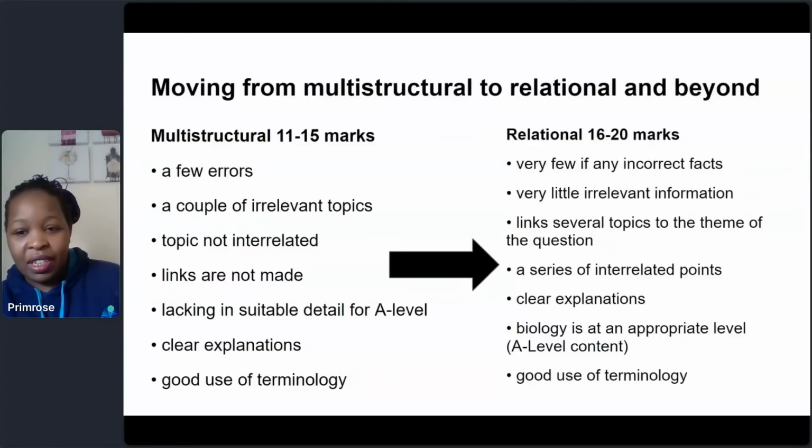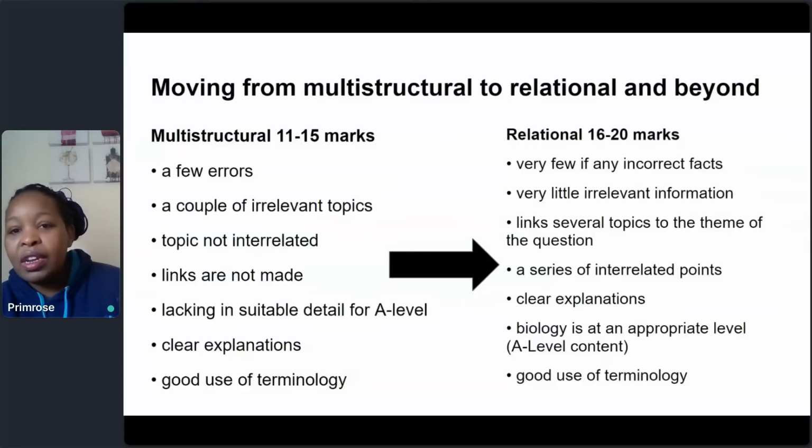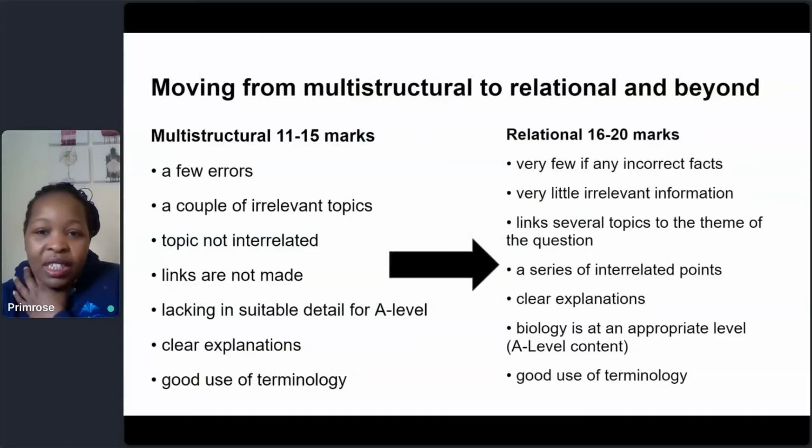What is the GCSE content? What is the A level content? So if I'm talking about gas exchange, words like diffusion, yes, absolutely fine. But at A level, we look at facilitated diffusion, we look at co-transport, we look at using carrier proteins, channel proteins. You need to mention that extra detail as well.